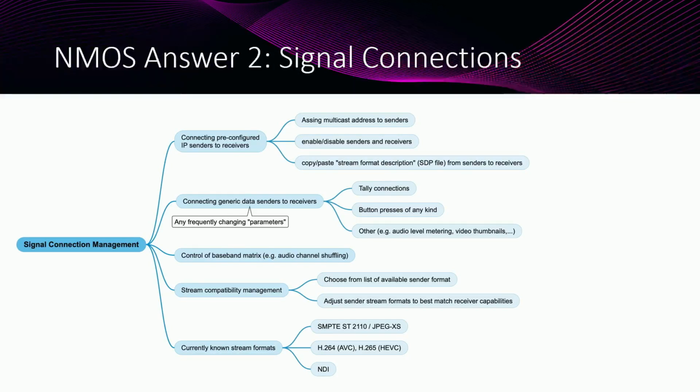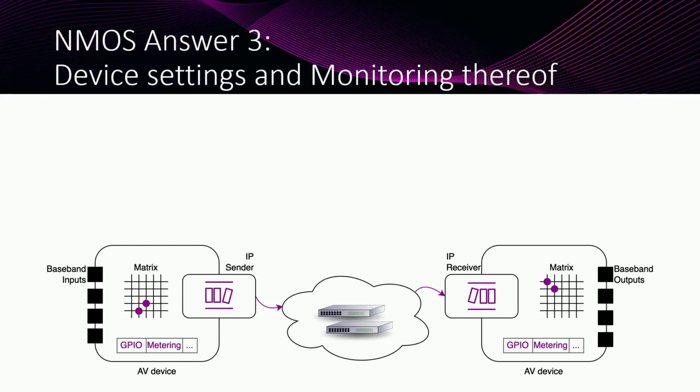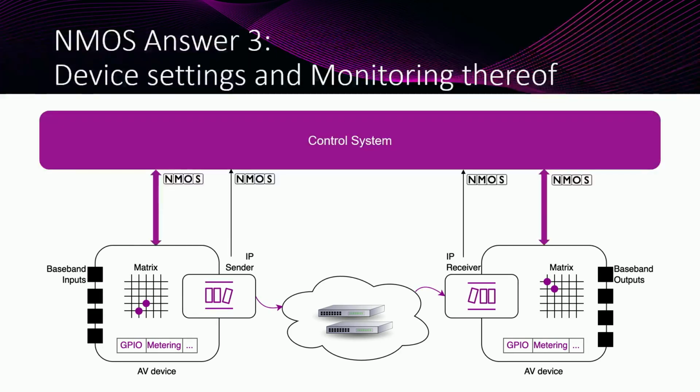Now let me move on to a very generic topic called device settings and monitoring. Now again, we have this model of some AV devices, and actually there's a part in NMOS which allows you to generically read, write, or whatever, any kind of settings of any device.